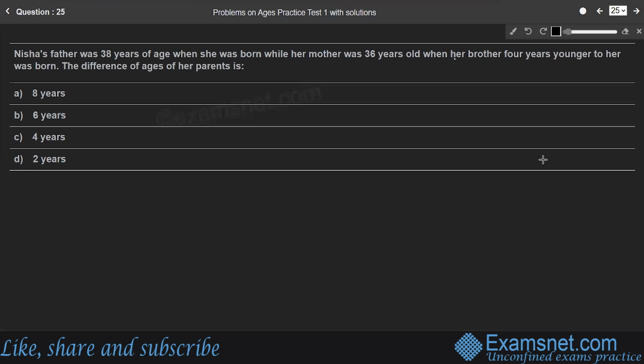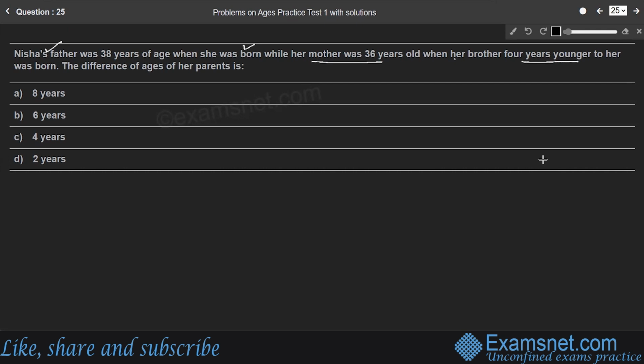Question 25. Nisha's father was 38 years of age when she was born, while her mother was 36 years old when her brother, 4 years younger to her, was born. The difference of ages of her parents is. So here, students, when Nisha was born, her father's age was 38 years.